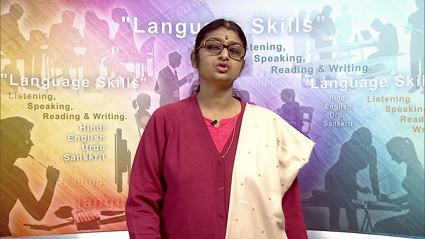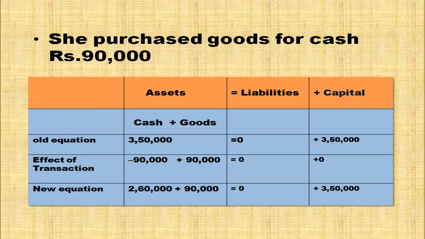She purchased goods for cash, rupees 90,000. So, in the asset side, you can open one more column for goods. In the goods column, you have to add 90,000. When goods are purchased, cash is going from the business, so in the cash column, you have to deduct 90,000.